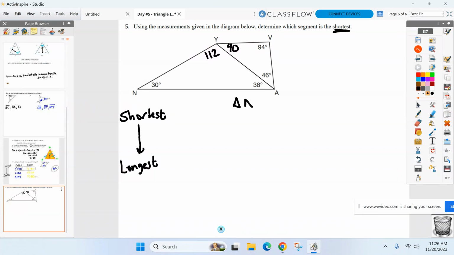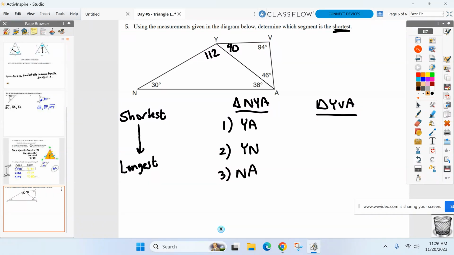Go through each triangle, triangle NYA and triangle YVA, and rank your sides from shortest to longest now. And then I have a challenge question, a follow-up question after this, so we're not done after this.